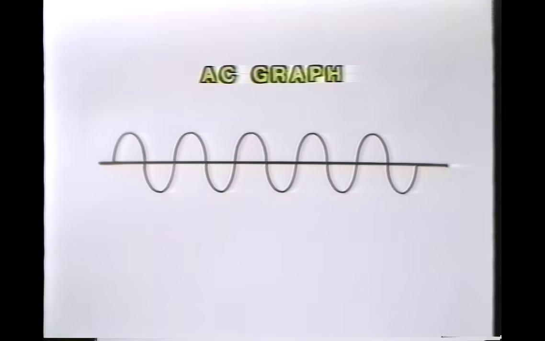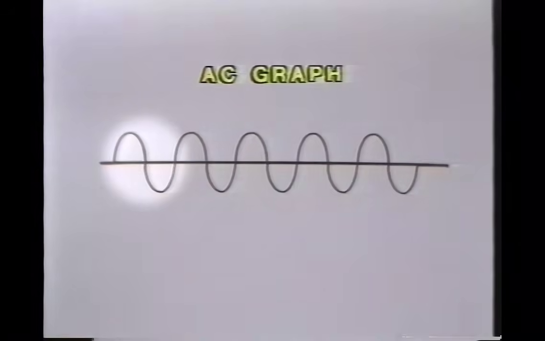Notice that the voltage does not instantly change from positive to negative. The voltage actually starts out at 0 volts and gradually builds up to a peak positive voltage before returning back to 0 volts again. When the voltage returns to 0, it keeps dropping until it reaches a peak negative voltage that is equal to the positive peak voltage, and again it returns to 0.